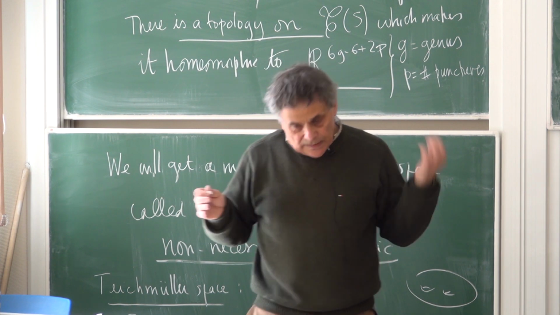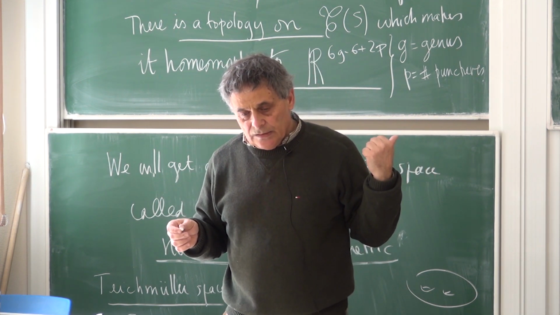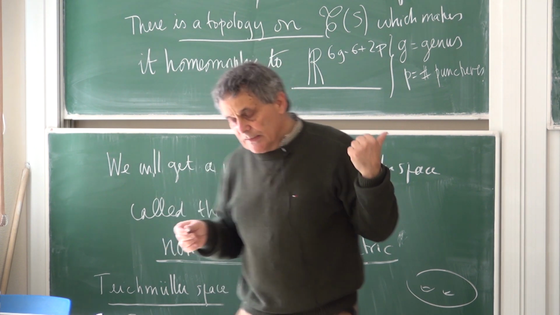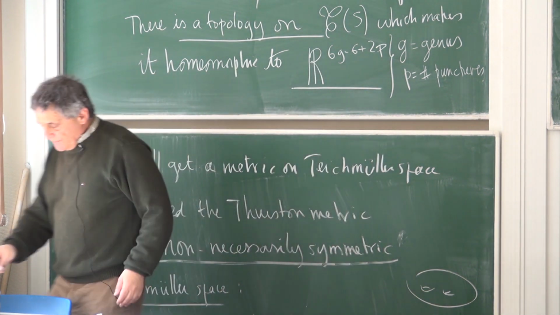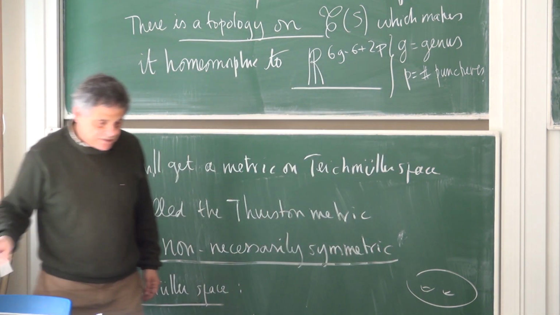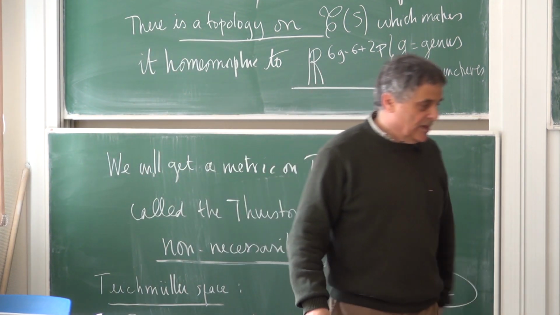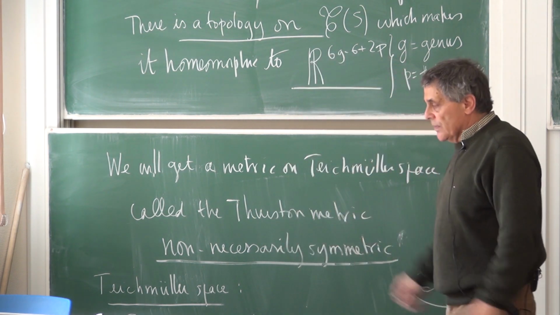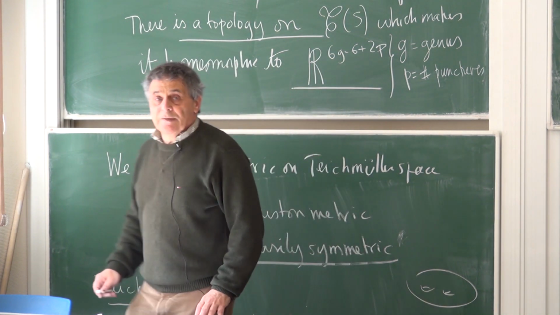And I'm talking about this because for this Thurston metric on surfaces of infinite type, I don't know of any interesting result. I don't know what you can say about this metric or about the topologies it induces, about its geodesics, about its boundary, about anything. There are a lot of open questions for surfaces of infinite type.